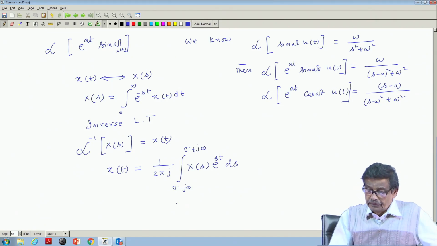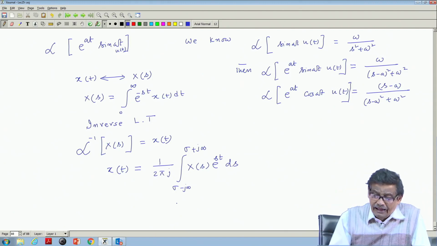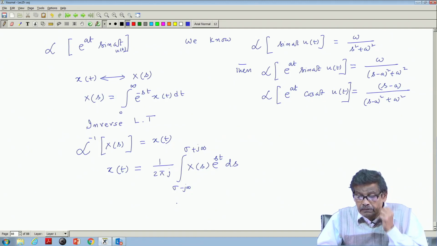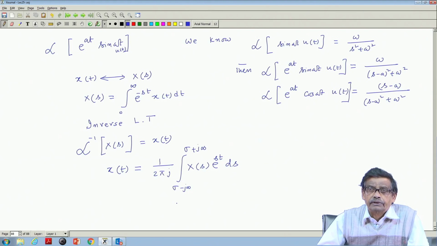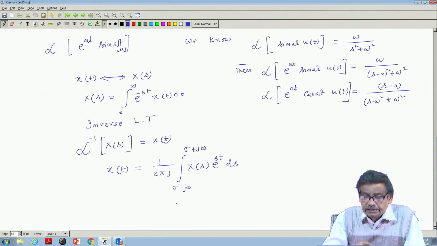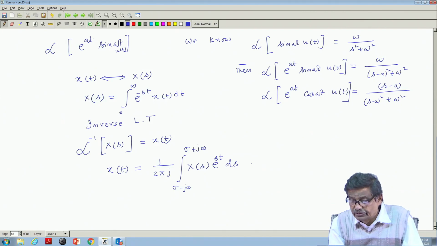So, if you integrate this function, which looks very complex, but anyway it can be done, you can get the corresponding time domain description of X s. Then it looks like it may be a very difficult task when I want to apply this to find the response of some circuit in time domain. I go to Laplace domain, no doubt, but then I have to come back to time domain by taking the inverse. But the easiest way to do it, we will not use this.